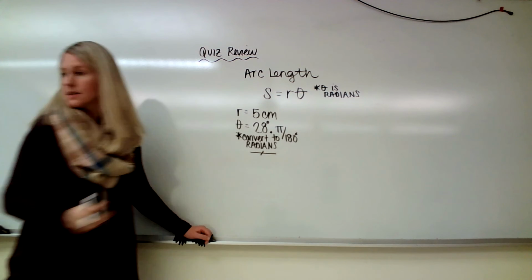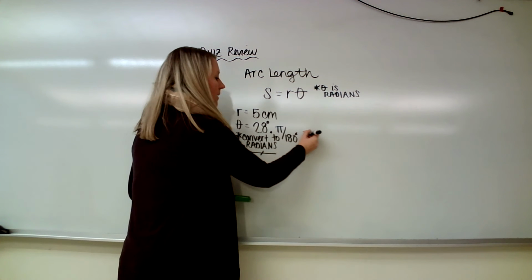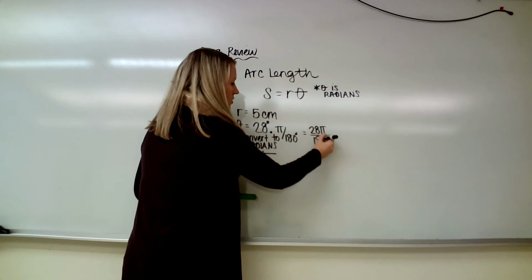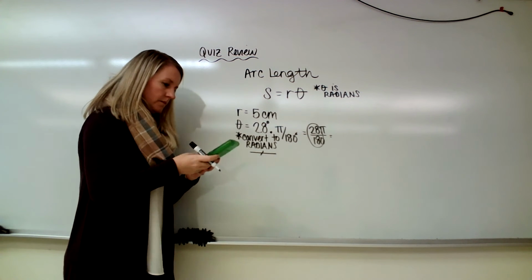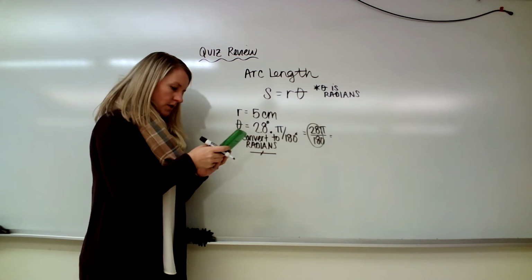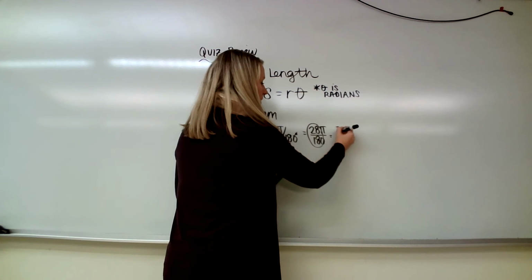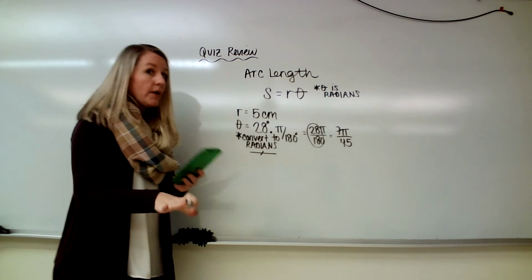My degrees cancel. I grab my calculator. Sorry, I keep putting it down. I should just keep it with me. I end up with 28 pi over 180, and I'm going to reduce that, the 28 over 180. And that gives me 7 pi over 45. So remember, I'm not done. I just found what theta was.